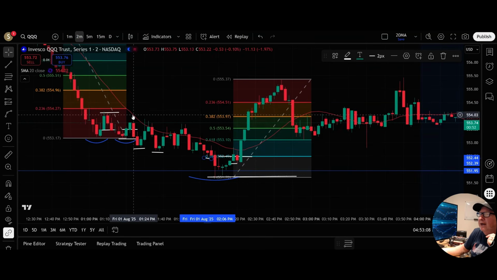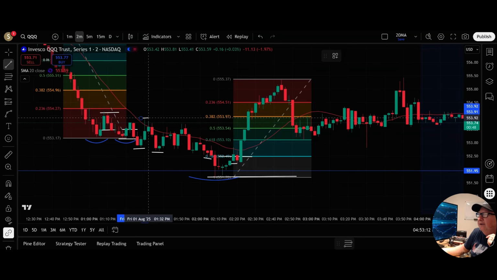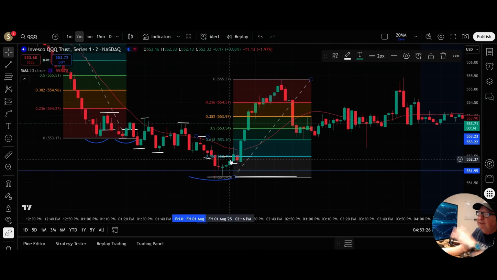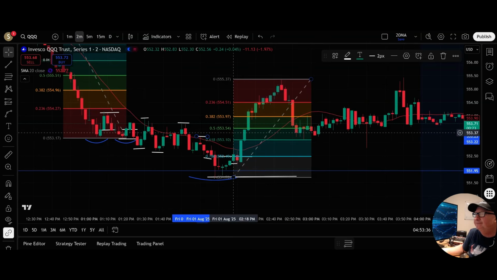And the whole time it was also making lower highs, right? A lower high here, a lower high here, a lower high here. So, right, we had a clear downtrend in place going into this. And this power move through the 20 literally erased all of this short-term downtrend.